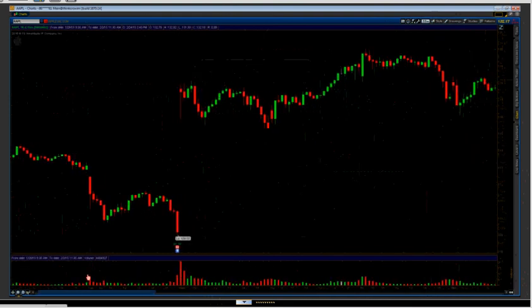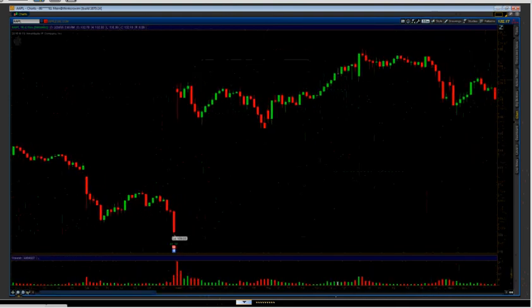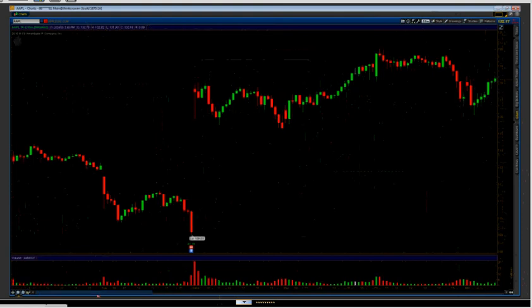And what I want to focus on here is not necessarily what some people foolishly focus on, which is, did I get the lowest possible buy and the highest possible sell? I want to focus on the number of winning trades versus losing trades.